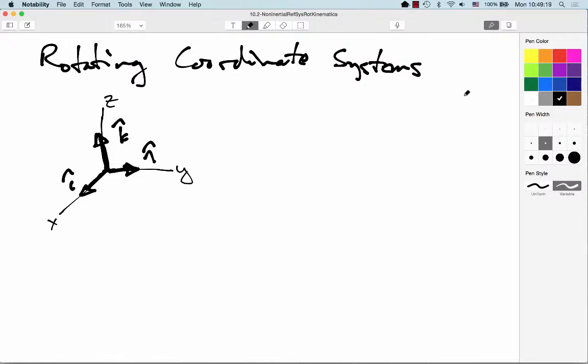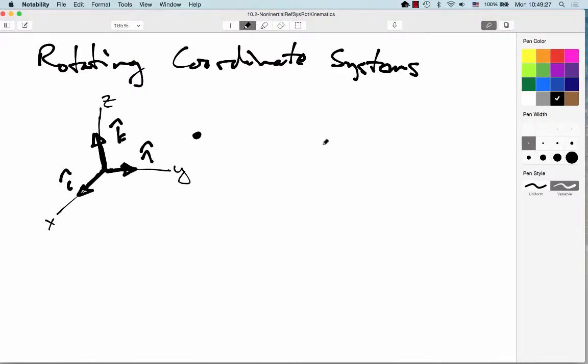Okay, so then we can imagine out here some point P, and that would be our vector r.